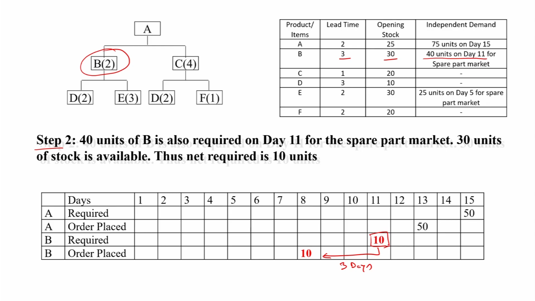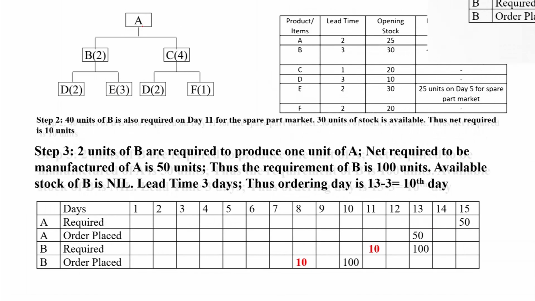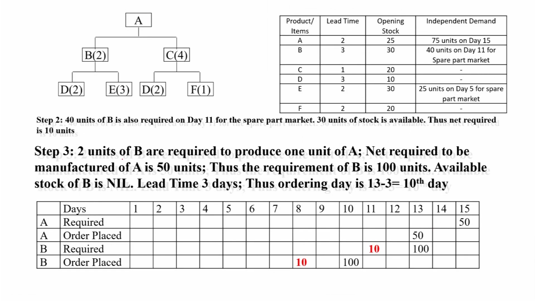Now, we will see step 3 for the production which is required for A. Step 3 is again for item B. 2 units of B are required to produce 1 unit of A. Net requirement of manufacturing of A is 50 units.